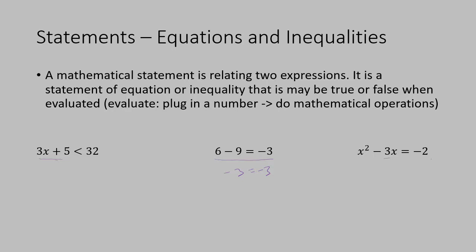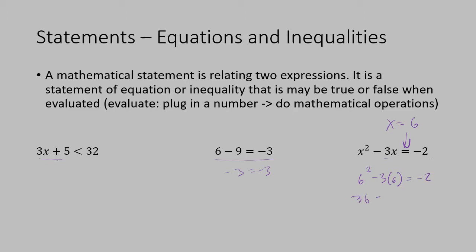If we are given a statement of equality and we're not evaluating anything, if it gives us that this is equal to that, then we are assuming that it's equal. It is stated that there's equivalency there. If we then say, is this true for x equals 6, for example, well, then you would say, okay, 6 squared minus 3 times 6 equals negative 2.